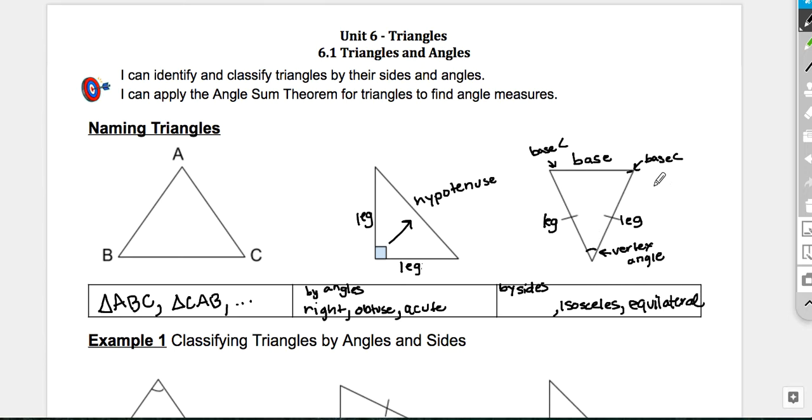And then in a triangle where none of the sides are congruent, that is called a scalene. So a lot of times we have to go by markings, like these markings that say that those two legs are congruent. That's how we have to go to identify those in those ways. So you can have a classification by angles and by sides, but you cannot have two side classifications or two angle classifications.